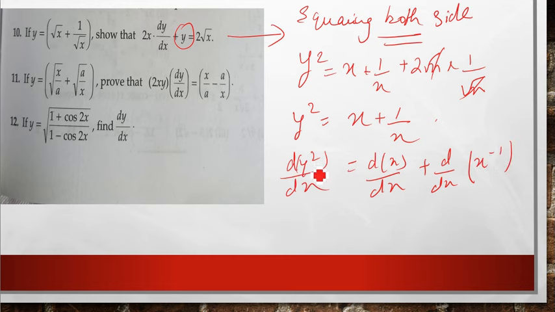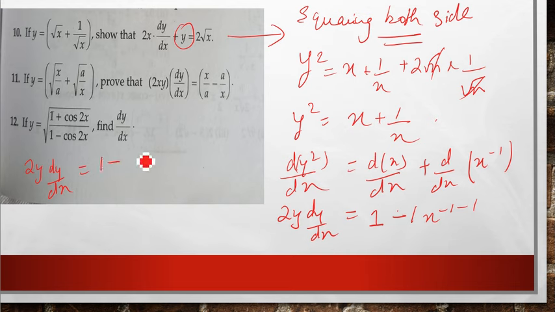So d of y square will be 2y dy by dx, equal to dx by dx which is 1, and here -1 is the n, so -1 x to the power -1 -1. So we are getting 2y dy by dx equal to 1 minus 1 by x square.